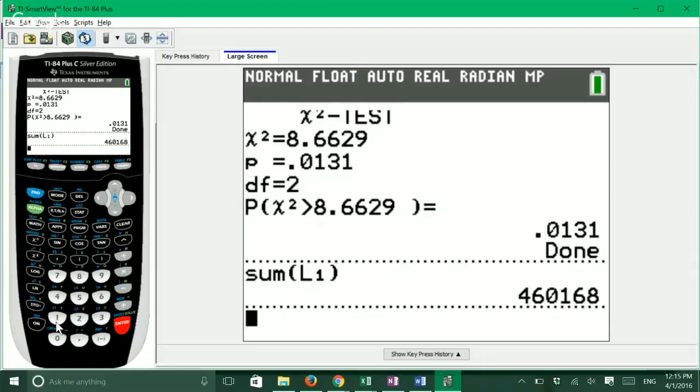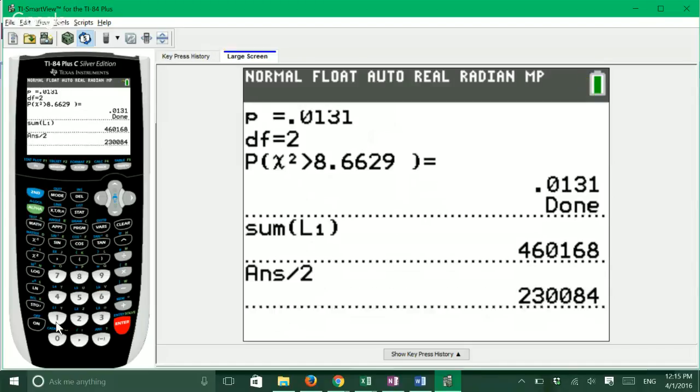All right, divide that by 12. That's going to give us our expected value. 230,084 divided by 2. Oh, wow. So that's not going to work.